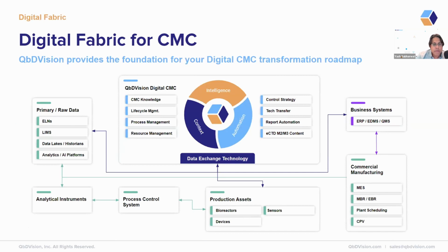So ultimately, the digital fabric looks something like this from a technology structure perspective. We believe that having a knowledge platform as the backbone of this digital fabric is critically important, because this is providing all that context information. It's allowing you to really build a knowledge base and ultimately building intelligence around your activities, and also giving you the capability to automate a lot of the activities that are currently still manual.